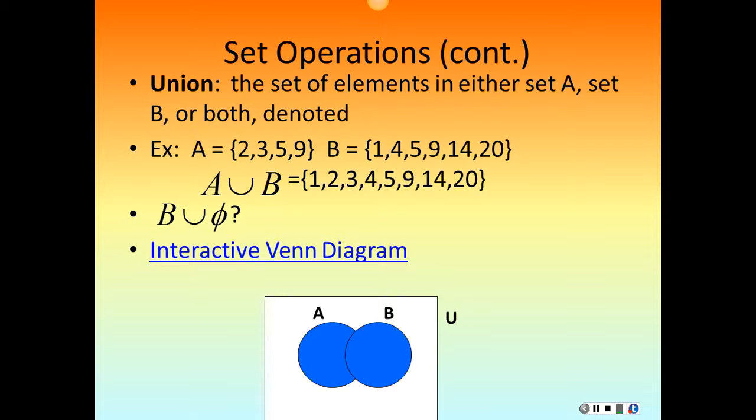So I start with 1, then there's 2, then there's 3, there's 4 in B, then there's a 5 in both A and B. There's no 6, no 7, no 8, there is a 9. There's no 10 through 13, there's a 14, there's a 20, so I'm writing them all down. Again, there's every possible element that's in one or both of the sets. And you'll notice, even though I have two 5s and two 9s, I do not repeat them.